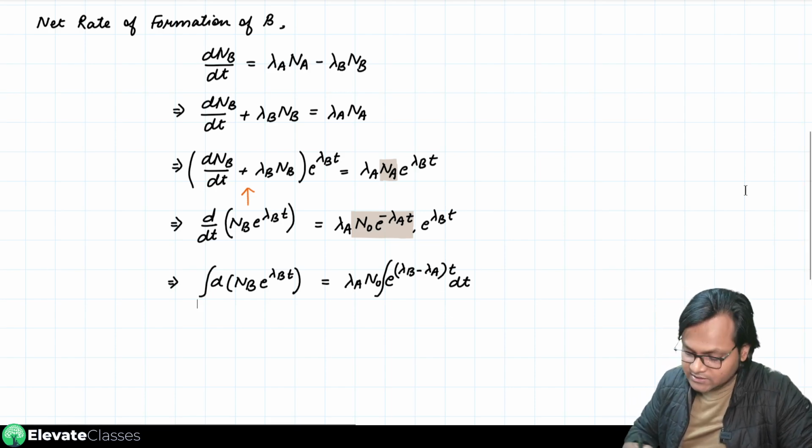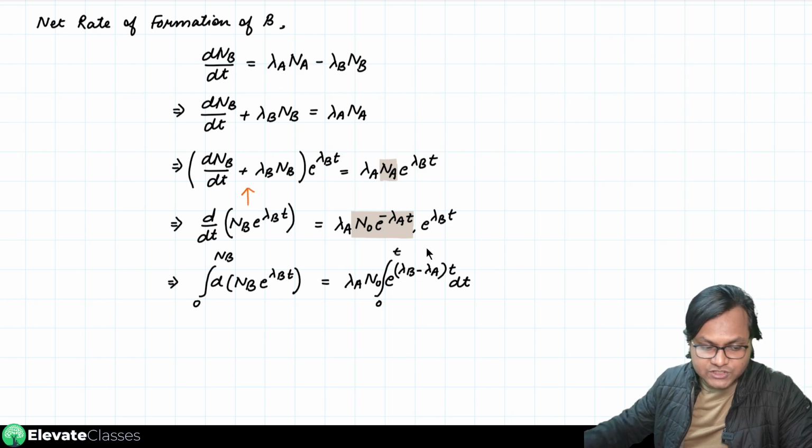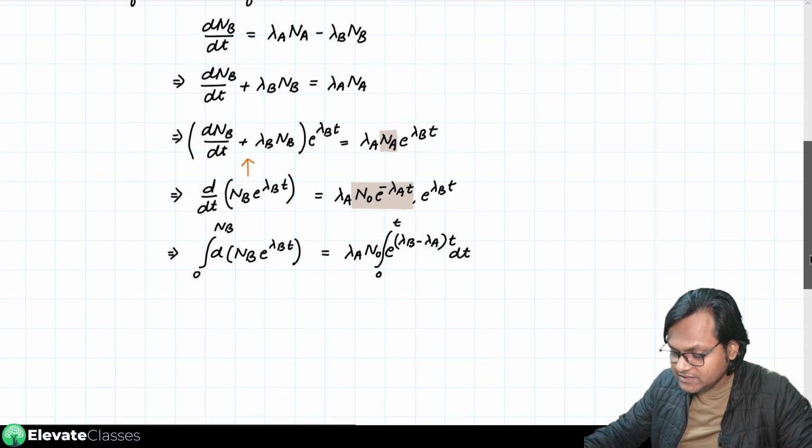If I plug in the integration limits, for the number of radioactive particles B it goes from 0 to NB, and time goes from 0 to, let's suppose, just t. This is easy to solve.